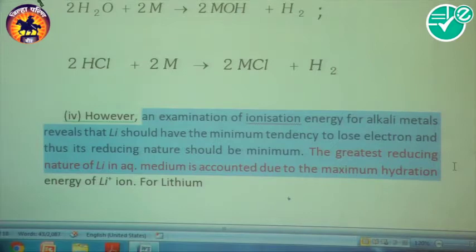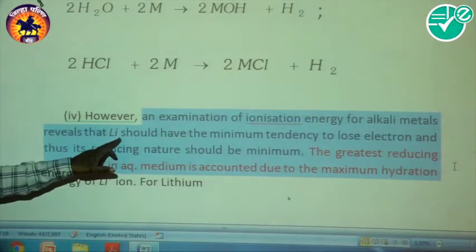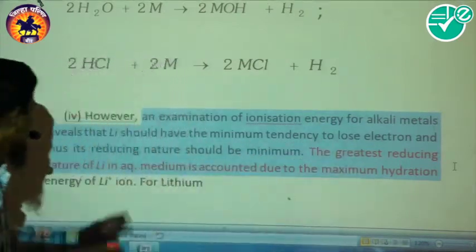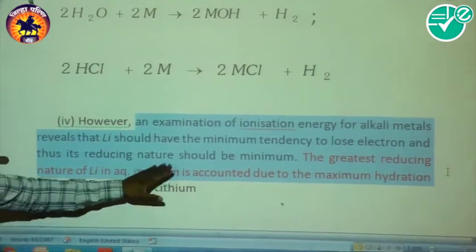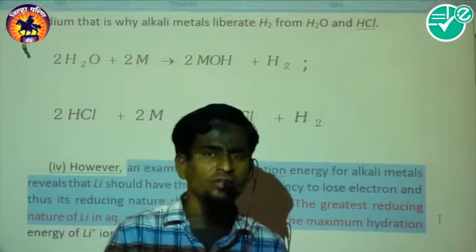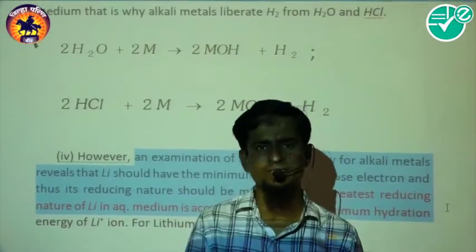An examination of the ionization energy of alkali metals reveals that lithium should have the minimum tendency to lose an electron, and thus its reducing nature should be minimum. This is the main concept. As we know, in alkali metals, lithium has a very small size.